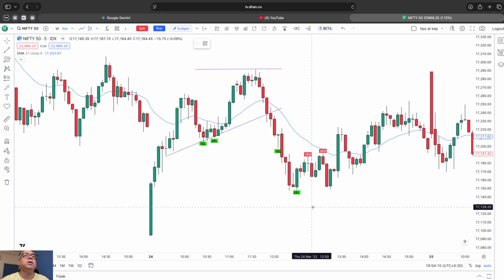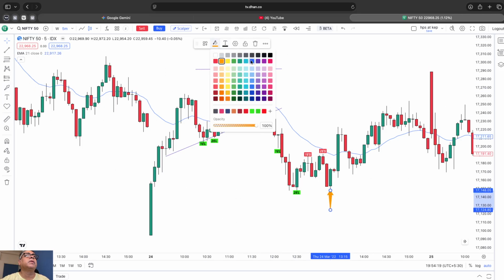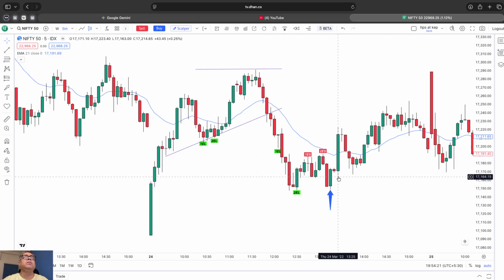Let's see this bar. This bar is not accepting the second entry short, and this huge bar nullified the effect of second entry short. This is failed second entry short.